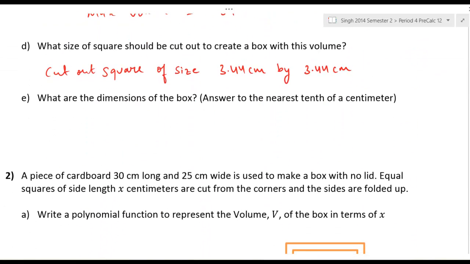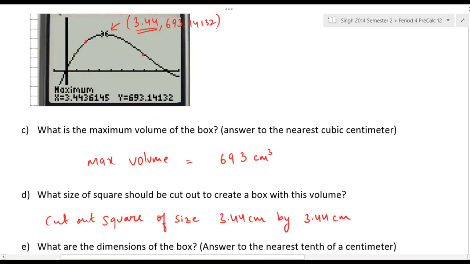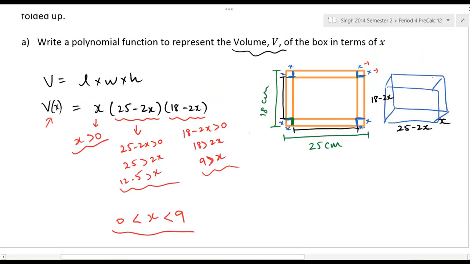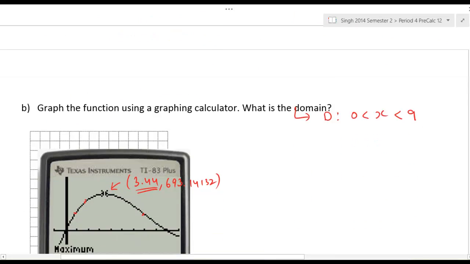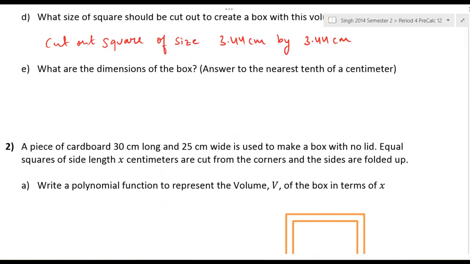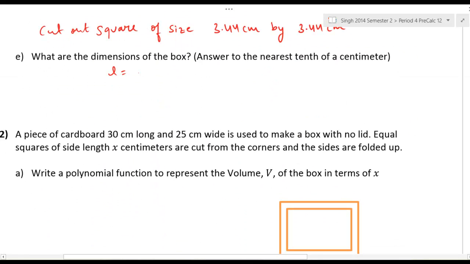And what will be the final dimensions of this box? Now it's just a matter of me going back and plugging in the value of x into the length, the width, and the height, and figuring out what the dimensions of this box are going to be. So I know that the length of this box is 25 minus 2x, which is 25 minus 2 times 3.4.